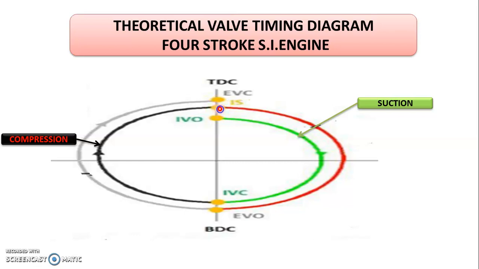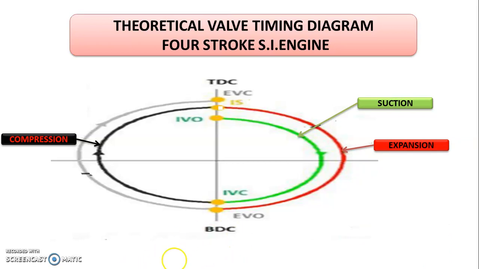The hot gases will be produced, and these hot gases force the piston from TDC towards BDC. Means work is done by the hot gases on the piston. So it is known as the working stroke or power stroke, or the expansion stroke.